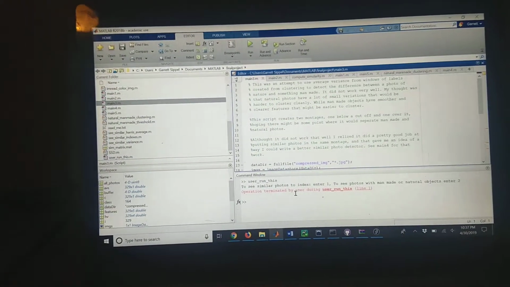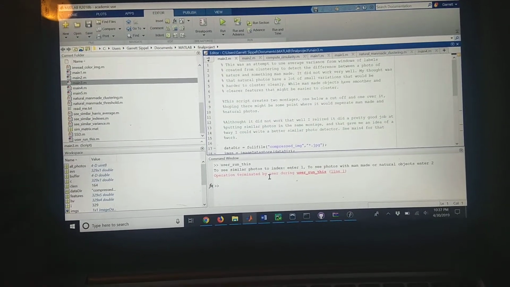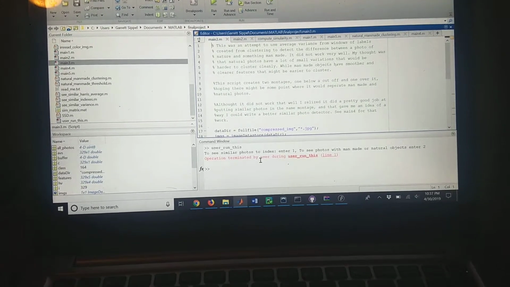So I passed a window over the image, and at each point I calculated the variance of that window. Actually, before I passed the window over, I first put it through a clustering algorithm, because I thought noisy things would not cluster very well, and smoother things would cluster better.